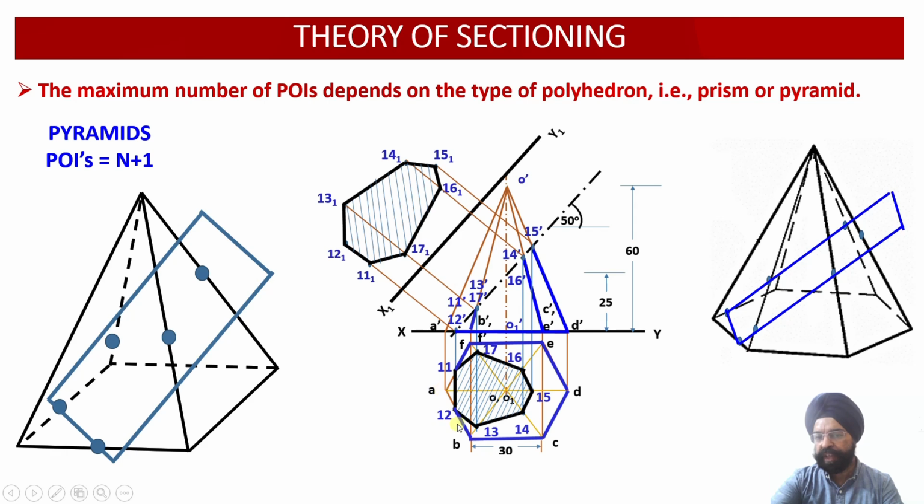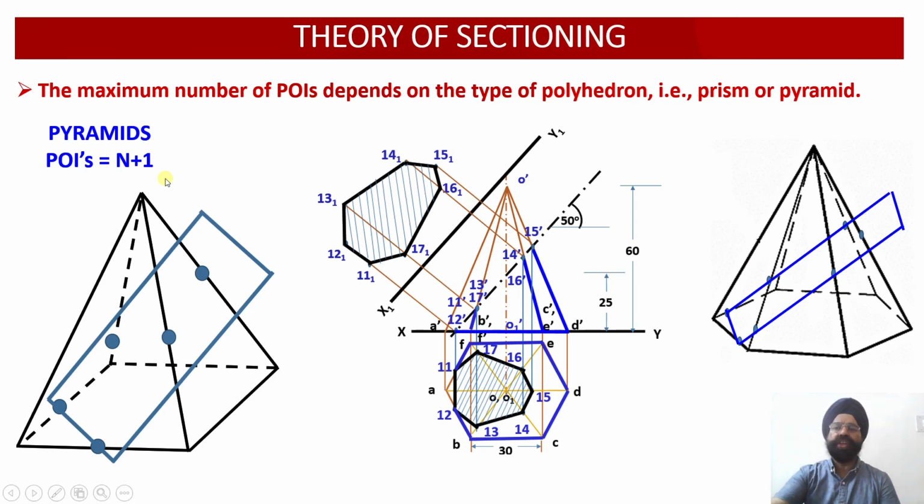So 2 edges of the base have been cut over here, and so n plus 1 number of POIs have been generated. You can see instead of 6 points, I am able to obtain 7 POIs over here: 1, 2, 3, 4, 5, 6, 7. So 7 POIs have been generated in case of the pyramid.